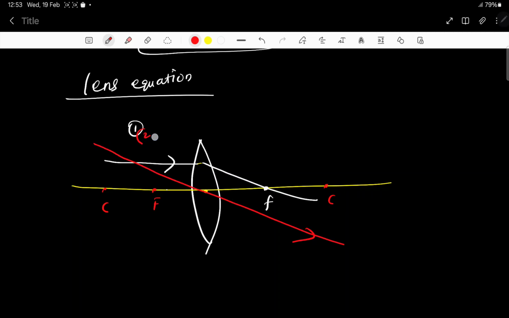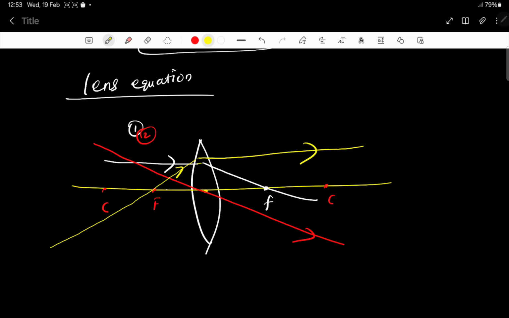It's rule 2. And rule 3 is, if I send the light ray in such a way that the path of the light ray is directed towards the focal point, after getting refracted, the refracted light ray will become parallel to the principal axis.